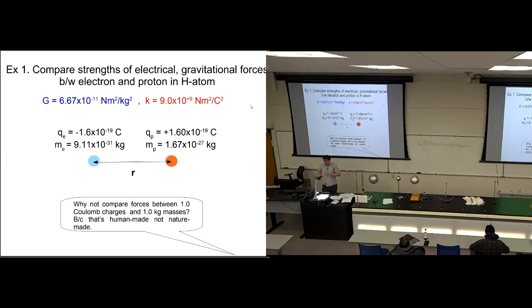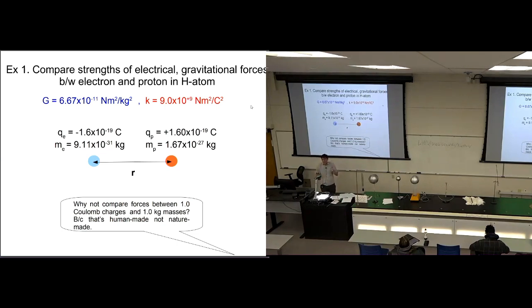We're asked to compare the strength of the electrical force and the gravitational force, one we met in this class, one you met last semester, in a hydrogen atom. So a hydrogen atom is a combination, as you know, of a proton and an electron separated by some distance.